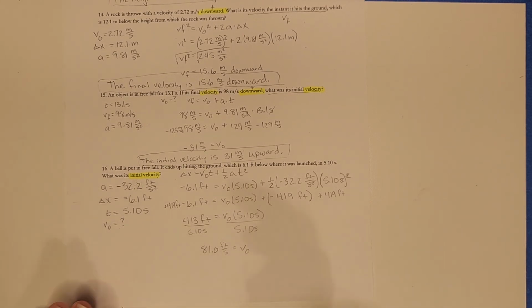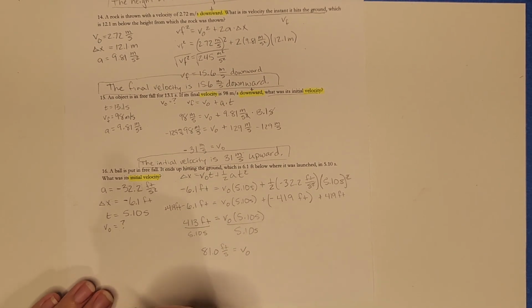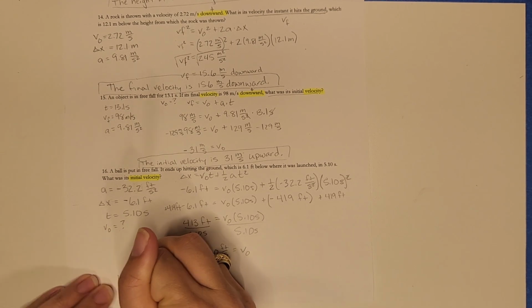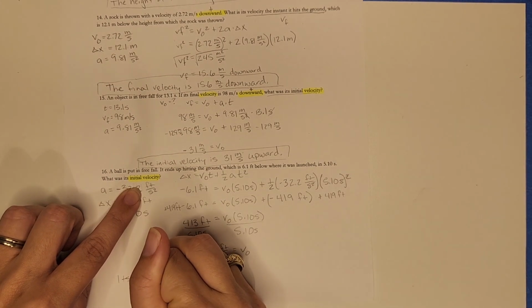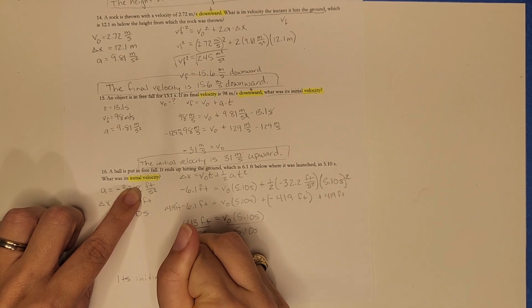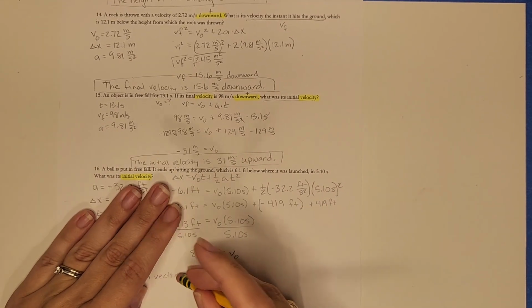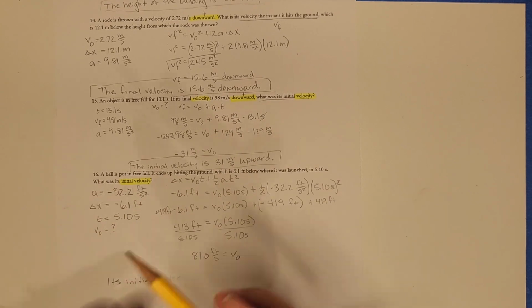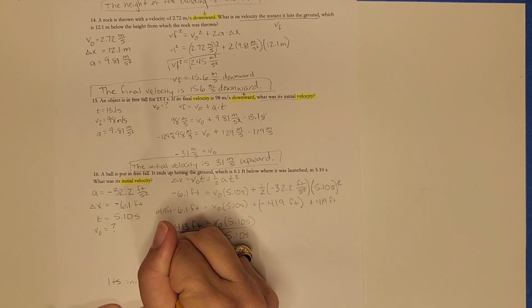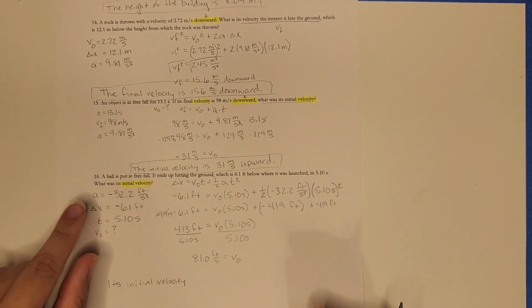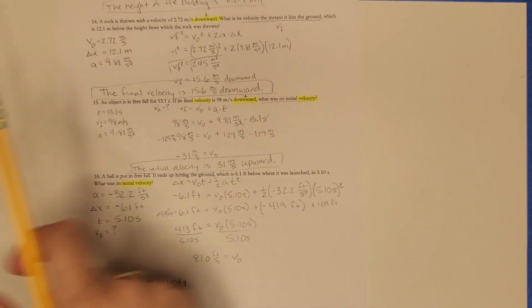Okay, so now writing that out in a sentence, it's initial velocity. This is a vector quantity, so we need to include the direction. For this one, we put free fall.